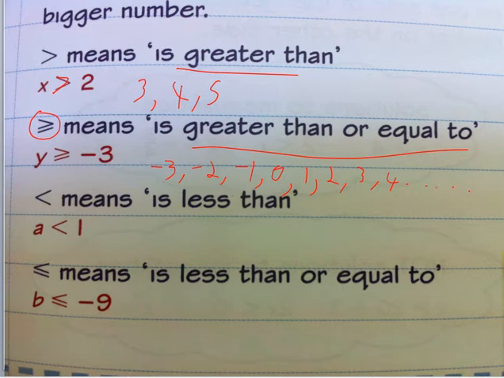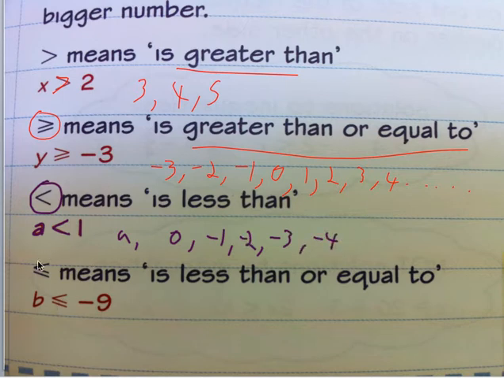Now, the opposite is true as well, this symbol means is less than. So the numbers represented by this letter A have to be less than 1. They can't be 1, they have to be less than 1. So A could be 0, minus 1, minus 2, minus 3, minus 4.